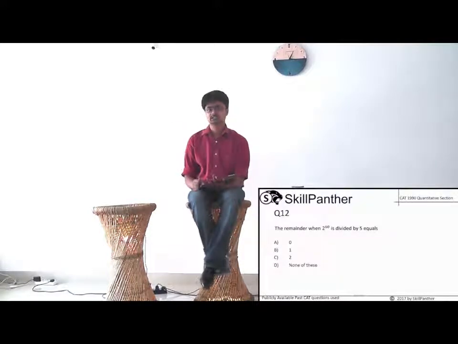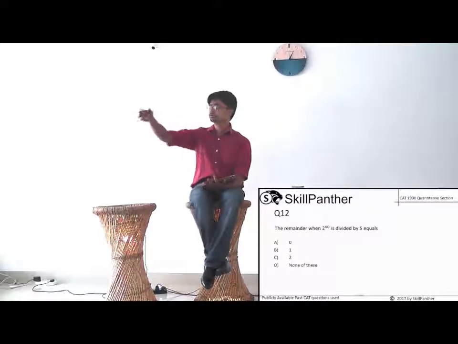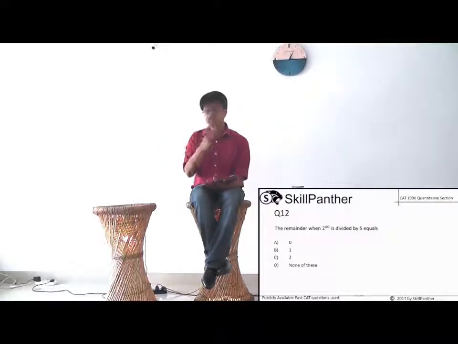2 to the power 60 is nothing but 2 into 2 into 2 into 2 into 2, right? Let's take 2 divided by 5. It gives a remainder of 2. 4, which is 2 to the power 2, divided by 5 gives a remainder of 4. 8 gives a remainder of 3.